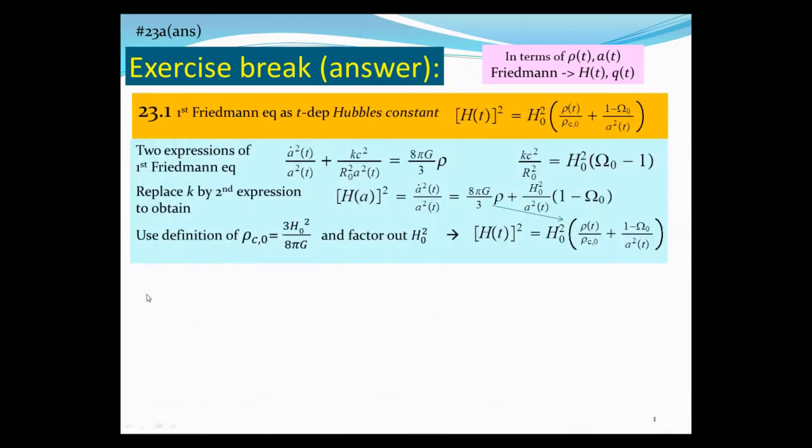The first equation asks you to rewrite the first Friedmann equation as a time-dependent Hubble constant. It relates the Hubble constant to the Hubble constant now, times a factor which depends on the density.